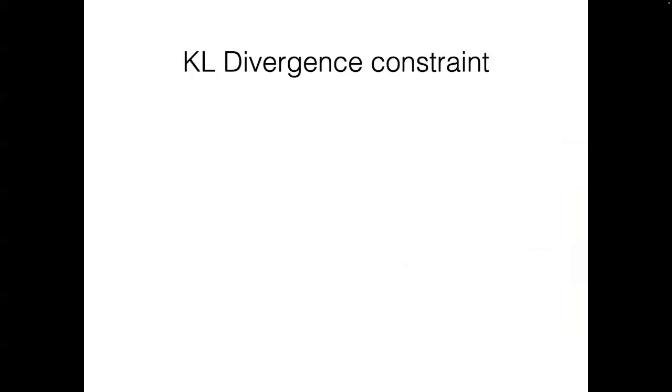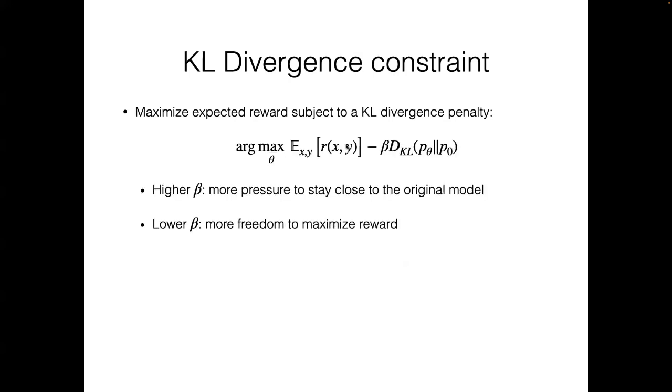So one major way that this is done is with this KL divergence constraint. I did mention this briefly in the reinforcement learning lecture, but let me go through it in detail here. So what we want to do is we actually don't want to just maximize reward or expected reward. We actually want to introduce this penalty, which penalizes moving away from the original model, the original SFT model. And by moving away, we'll use this notion of KL divergence that we've seen a few times in the class.